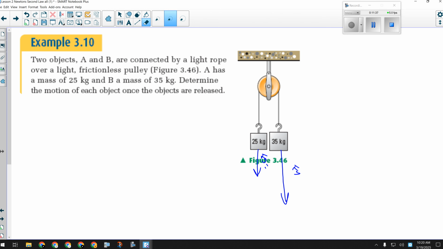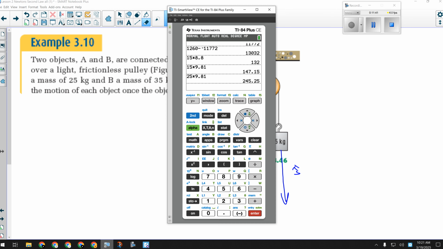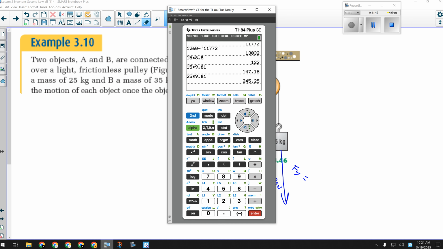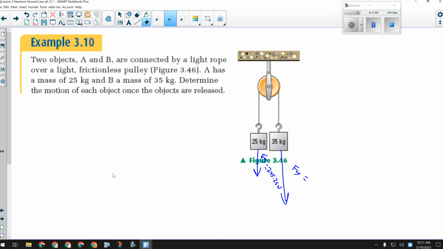So this one's going to be 245.25 newtons. And this one is 343.35.